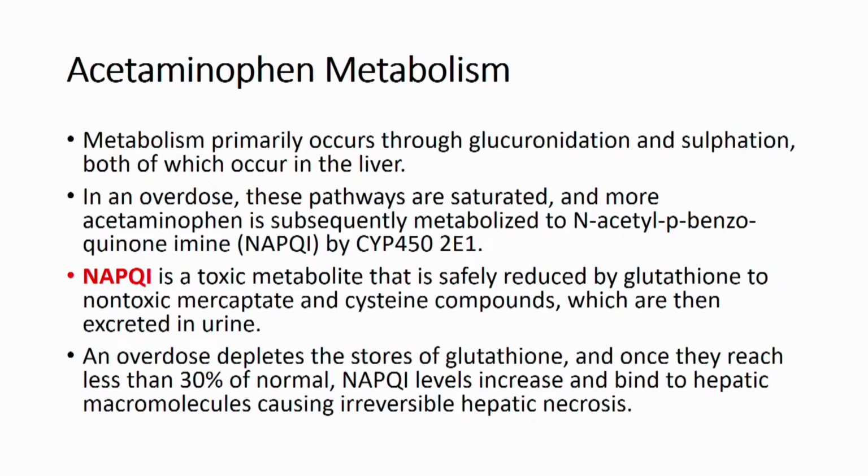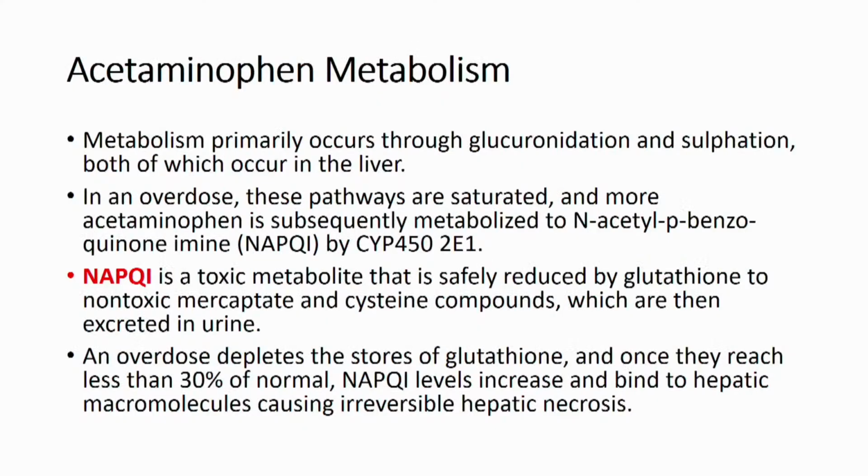So, primarily, the metabolism of paracetamol, acetaminophen is very new to me too, so I use paracetamol, is through the liver. There are mainly two pathways, the glucuronidation and sulfation pathways. The additional one is through the cytochrome P450 2E1 pathway, which takes less than 5% of the paracetamol.